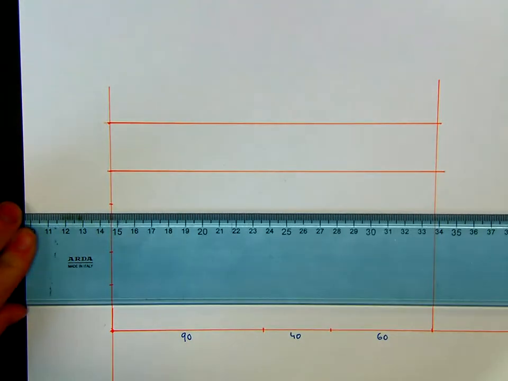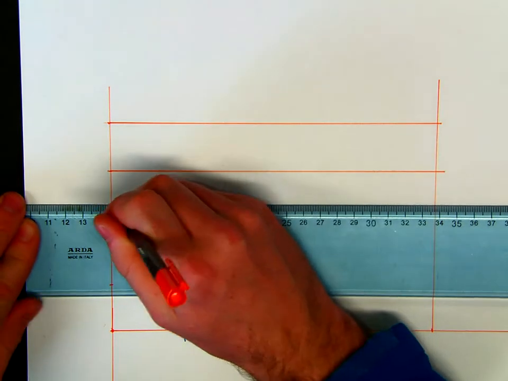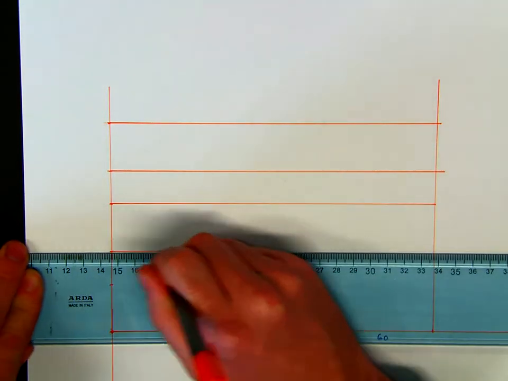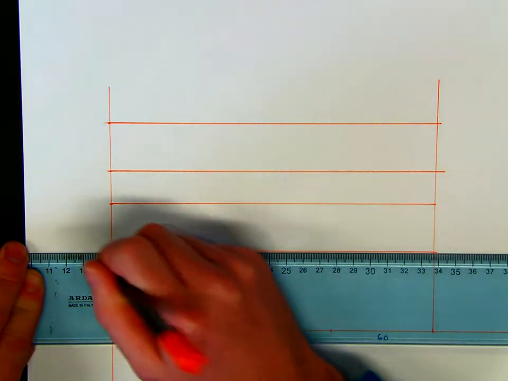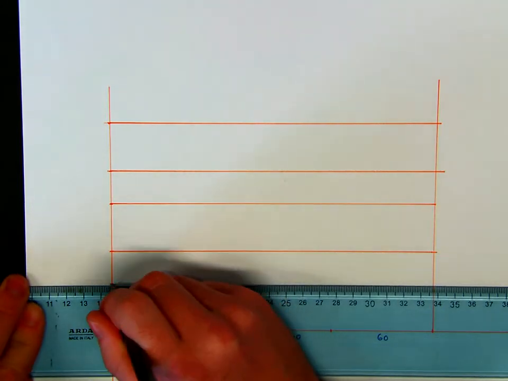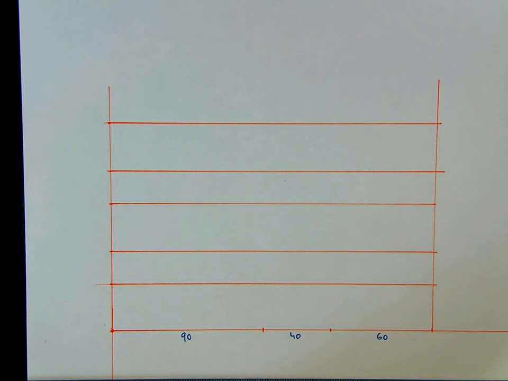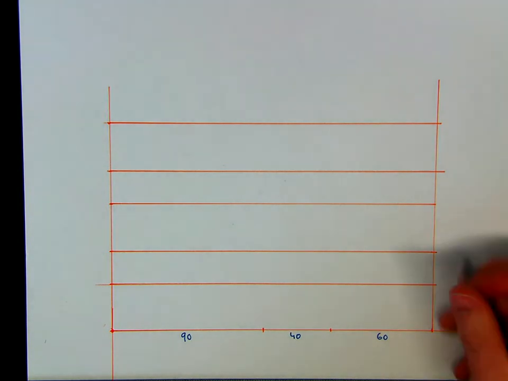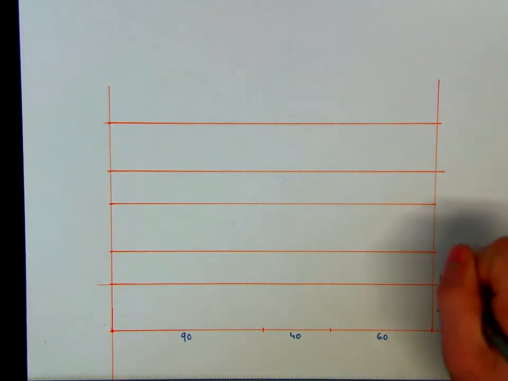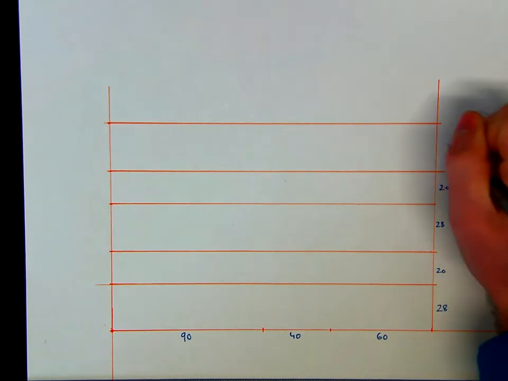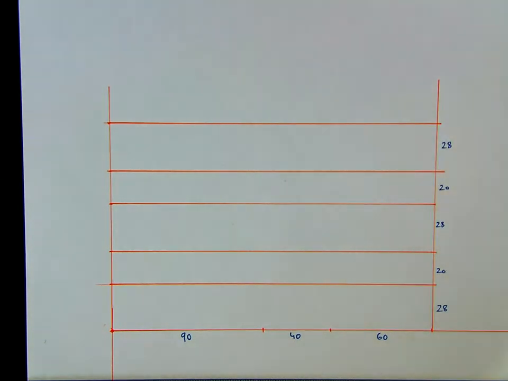So we can see our grid is starting to come together for this question. And I'll just note the dimensions on this as well. So we have 28, 20, 28, 20, and 28.